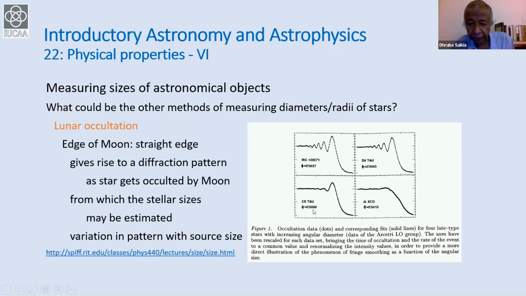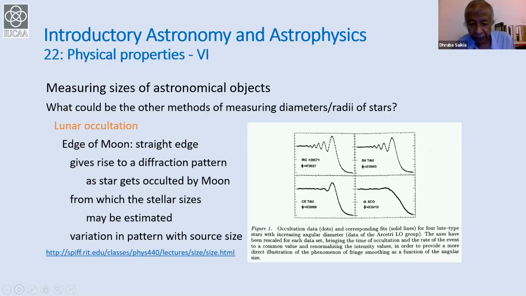Then it comes to 0.0099 arc seconds, and it comes to 0.0413 arc seconds. And then when it becomes very broad, you will not see the diffraction pattern. So by working backwards from the diffraction pattern, with deconvolution algorithms, you can infer what the angular size of the star is.